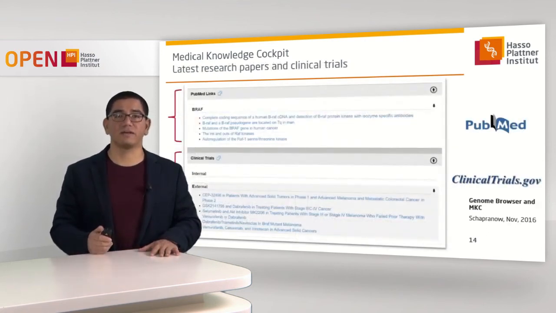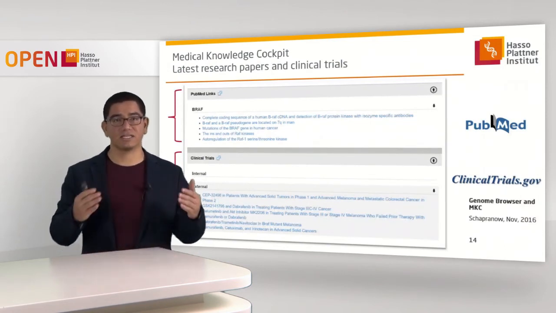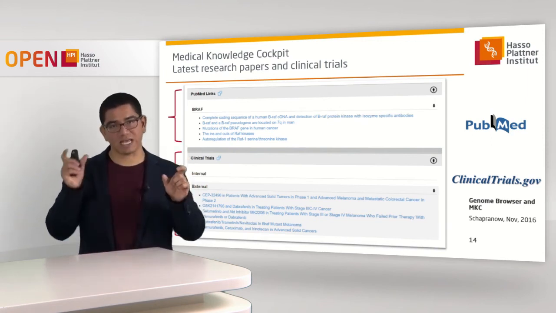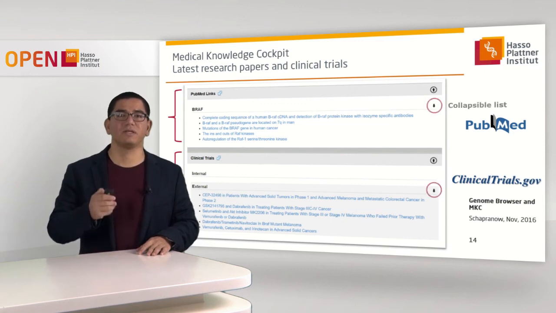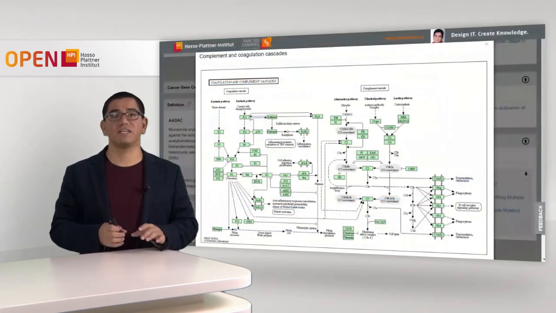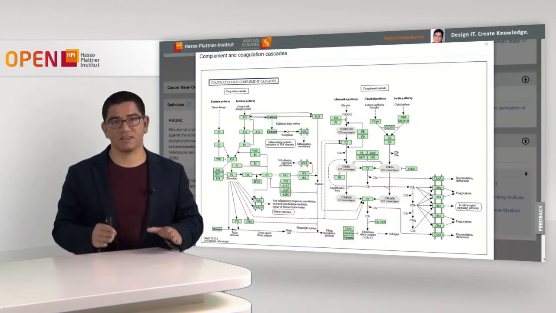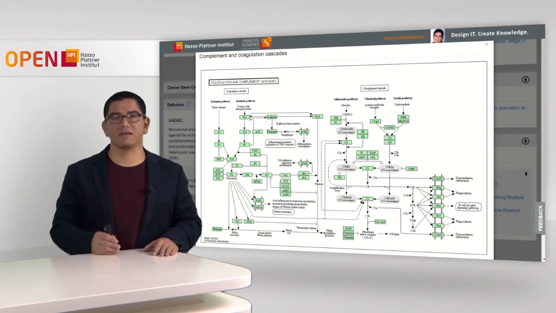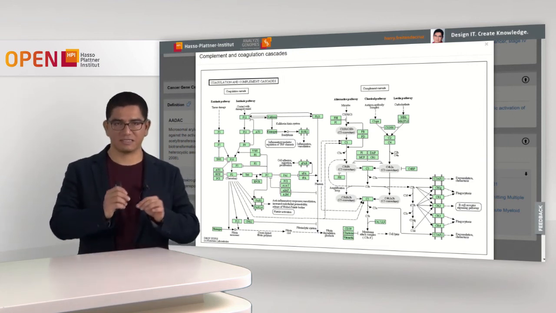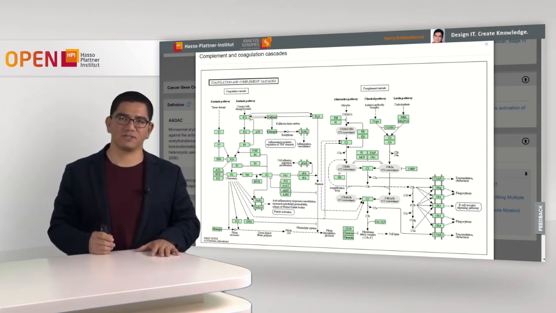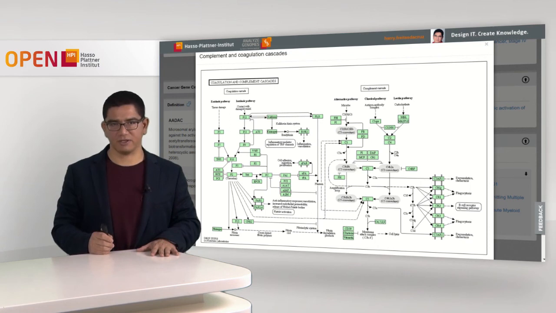Moving over, you have lists of the latest research papers and clinical trials as well that are related to those specific search terms and the patient. And further, you can even analyze the pathways that are involved in those search terms. As you can see here, you have a very extensive network of different signaling pathways, and all of this is already a part of the Medical Knowledge Cockpit.